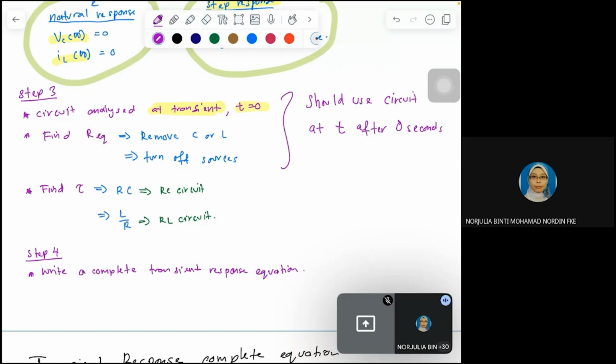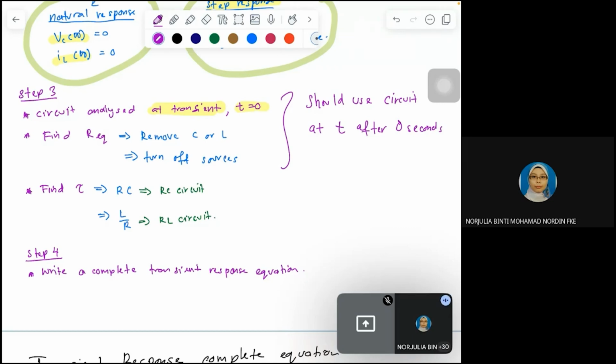If you have a natural response, you don't have any problem with that. But if you have a step response, the sources are connected to your circuit. So before finding the R equivalent, you need to turn off the sources. For a voltage source, when we turn it off, it becomes a short circuit.